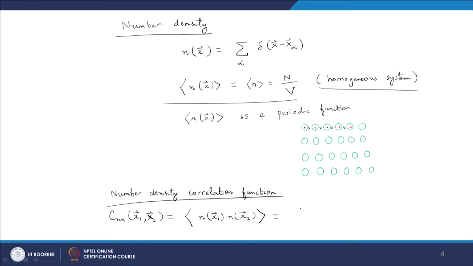So, we look at the case where one particle is at x1 and we want to know what is the probability where another particle is at x2. So, now we will have two delta functions, one for x1, another for x2.